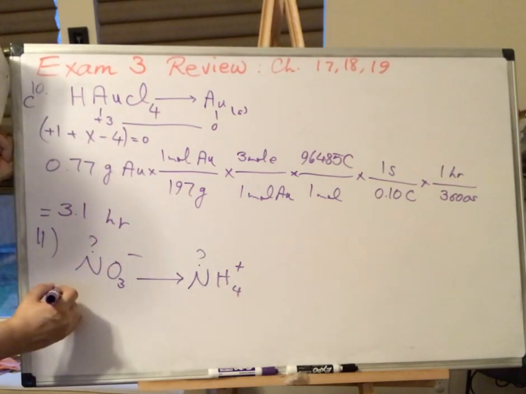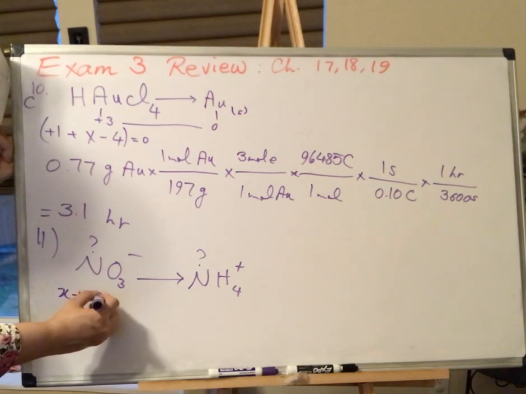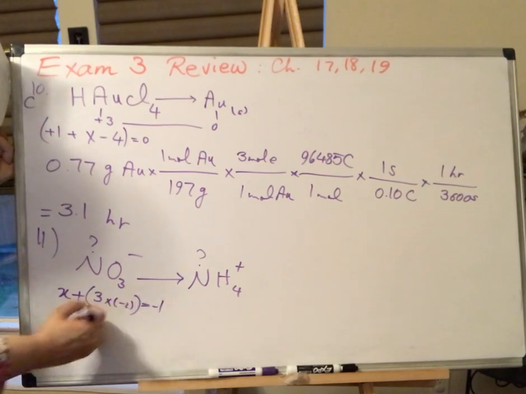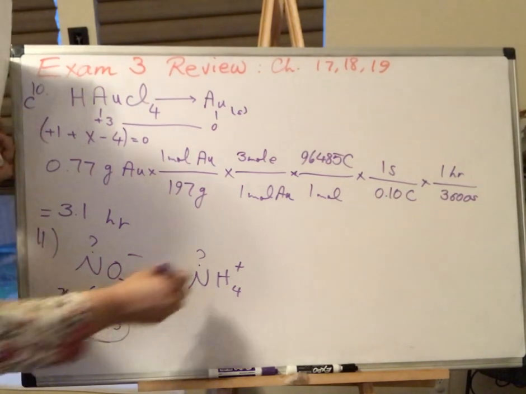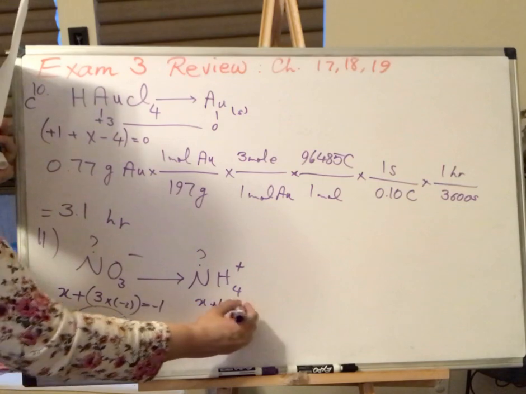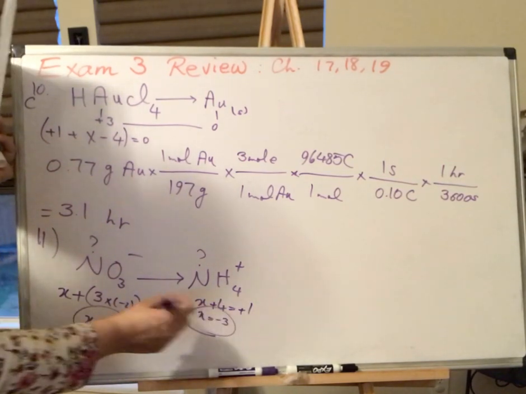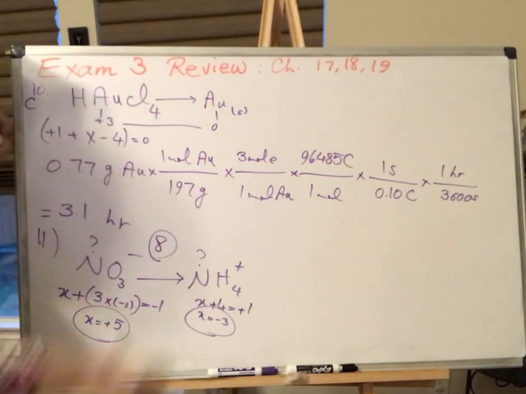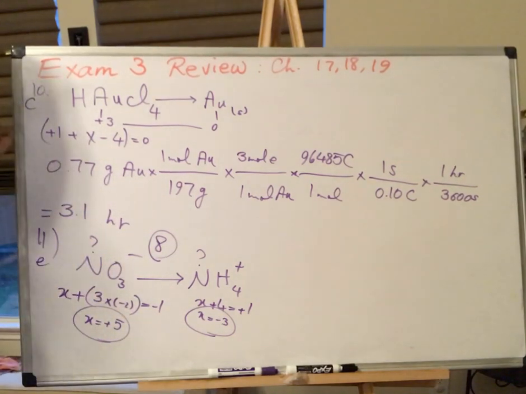Here X, which is the oxidation number of nitrogen, plus 3 times negative 2 is equal to negative 1. So X is plus 5. Here X plus 4 is plus 1. So X is negative 3. What is the difference between plus 5 and negative 3? 8. So you have 8 Faradays, which is answer E.